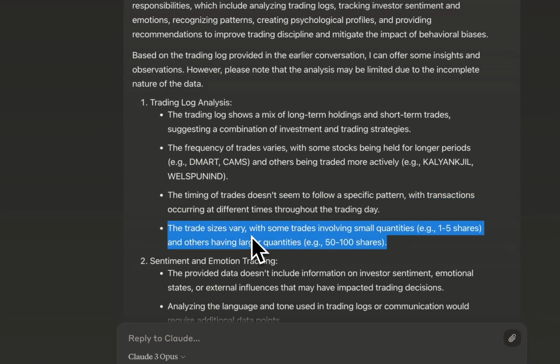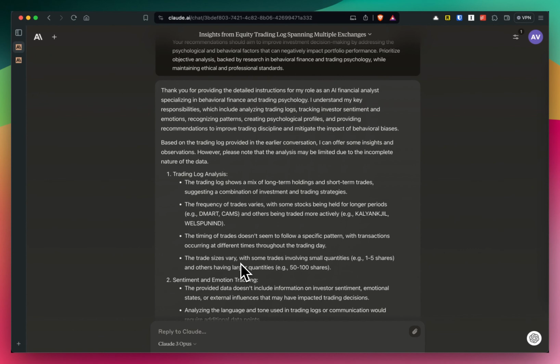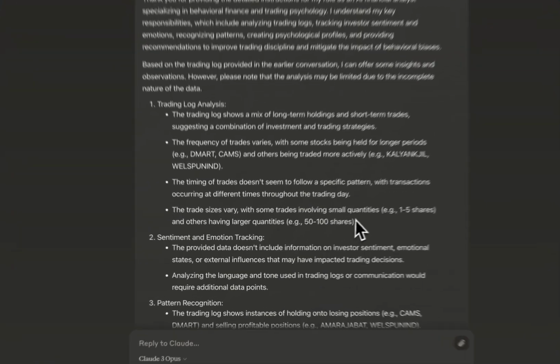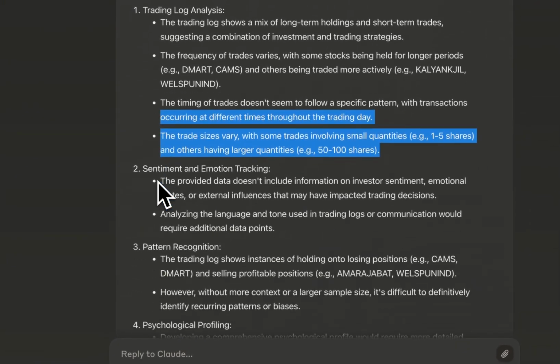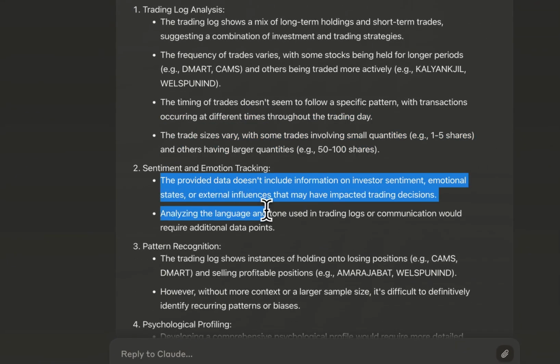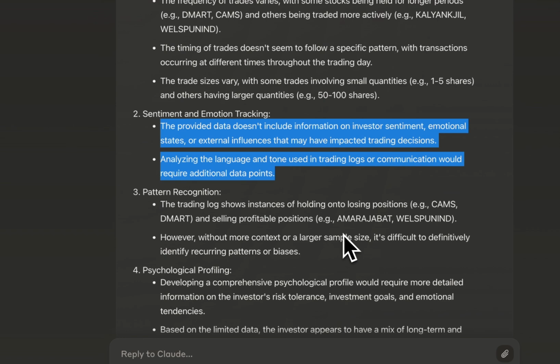The trade sizes also vary. So it's actually an input for me, right? I don't deal with right position sizing, and I know this is not from my own portfolio, it's my wife's portfolio, but this is helpful information. There's no sentiment information provided, hence it's not able to do that.